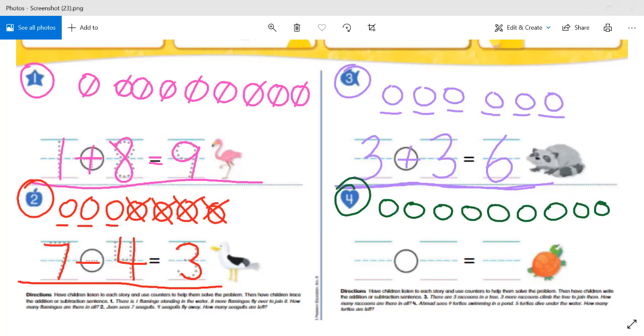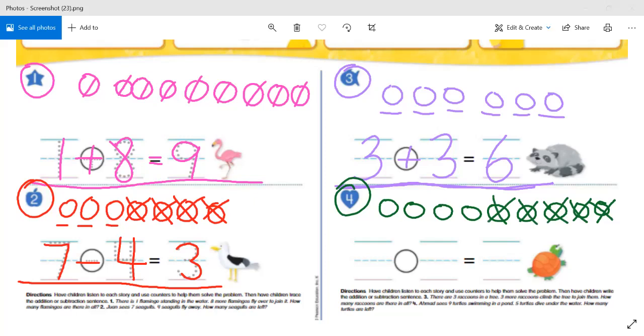5 turtles dive under the water. So we put an X on how many of these counters? 5. 1, 2, 3, 4, 5. We are taking away 5 turtles.